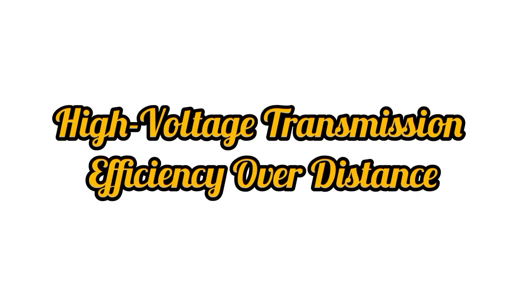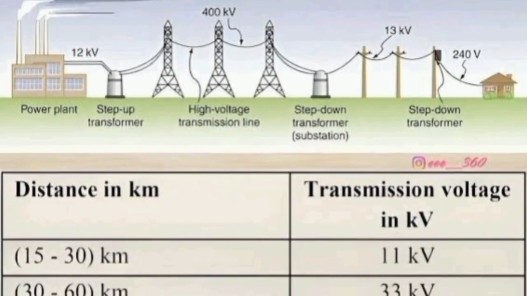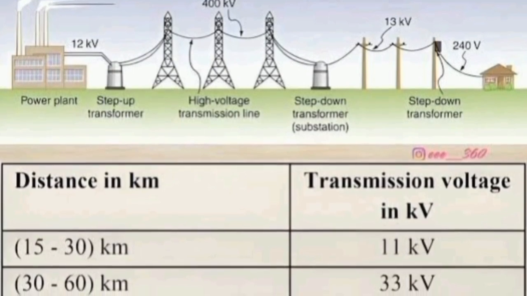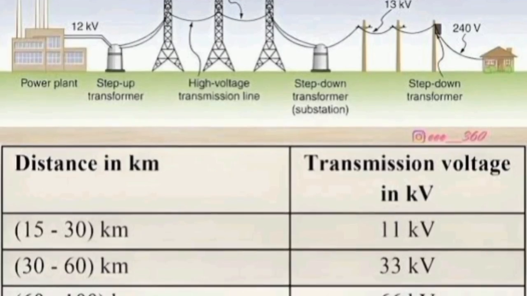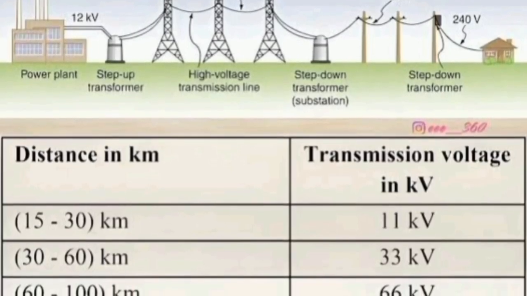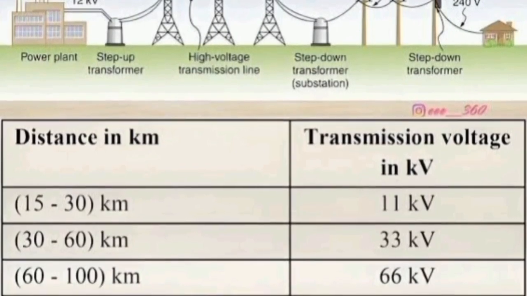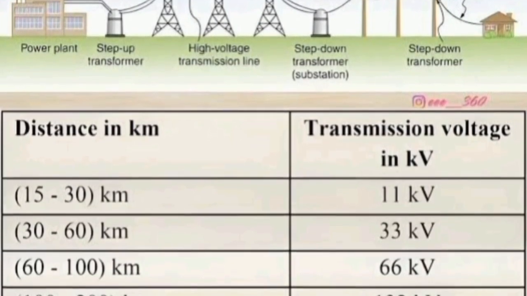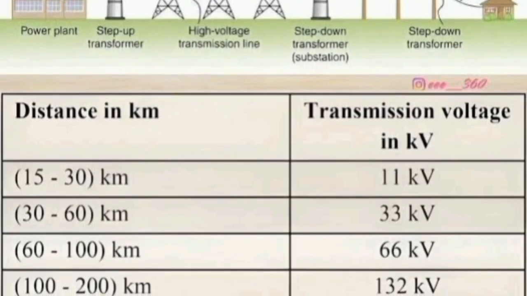High voltage transmission: efficiency over distance. To move electricity efficiently across long distances, utilities transmit power at very high voltage and low amperage. Power loss in transmission lines is proportional to current squared, I squared R losses. By increasing voltage, current decreases for the same power level.